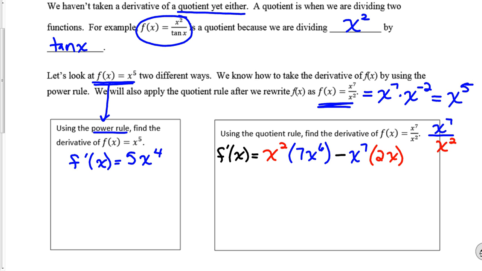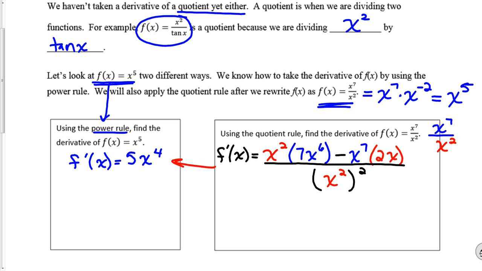And I'm going to divide all of that whole thing by the exact same bottom that I had before, my same denominator, squared. So at first glance, this does not look like this is going to turn into this over here. But let's do some simplification and see what we get.